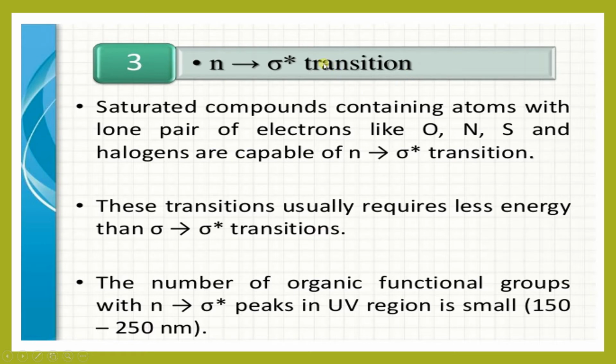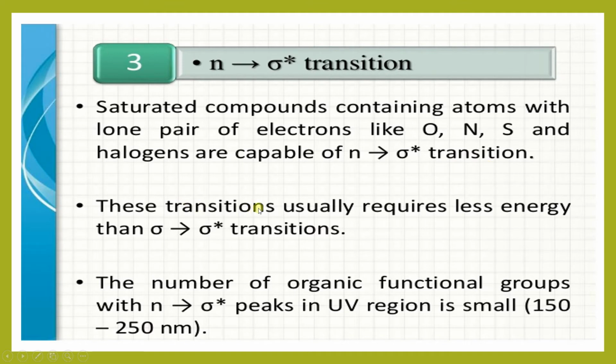Next one, n to sigma star transition. This type of transition takes place in saturated compounds containing one heteroatom with an unshared pair of electrons, that is, n electrons. Oxygen, nitrogen, sulfur and halogens are capable of n to sigma star transition.